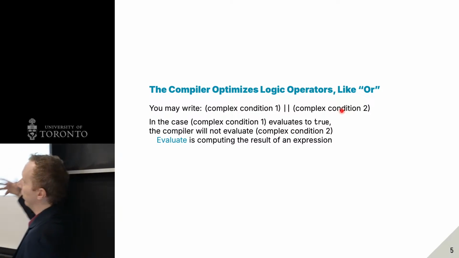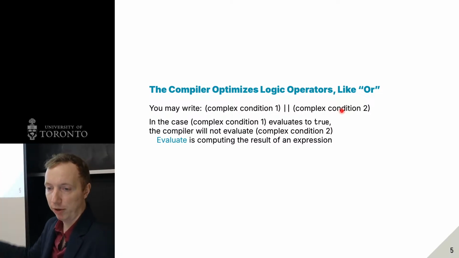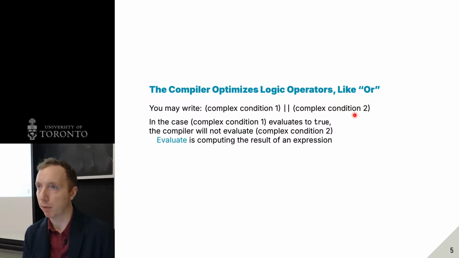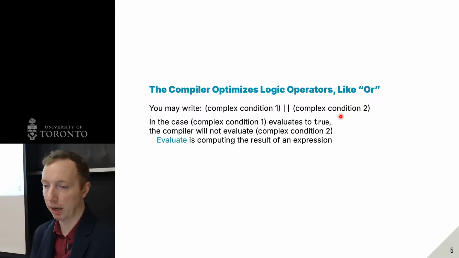For an OR, as long as one of them is true, the whole expression is true. So your computer won't even run what happens in there. It won't even bother trying to compute it. It will just straight up skip it.